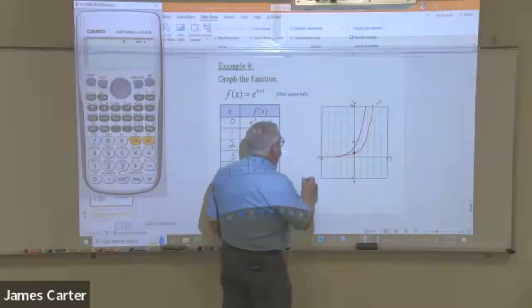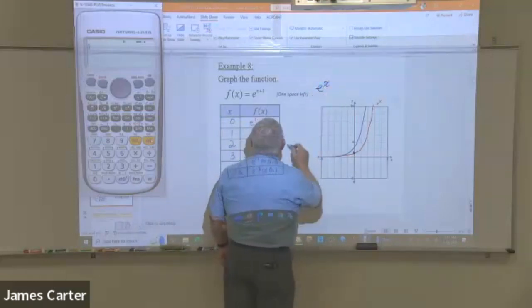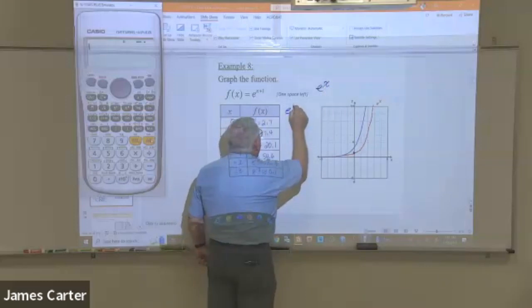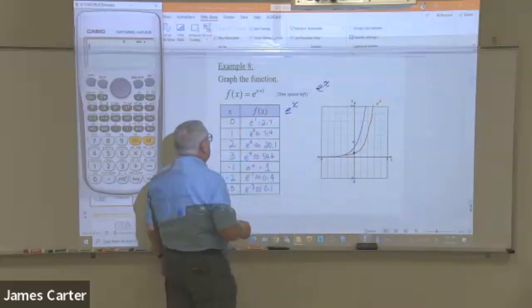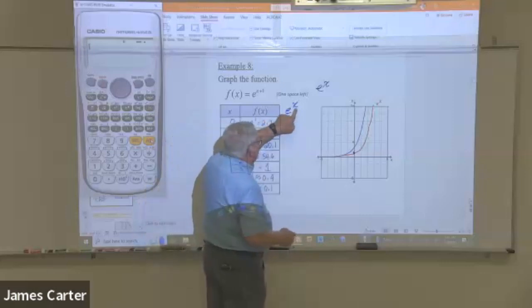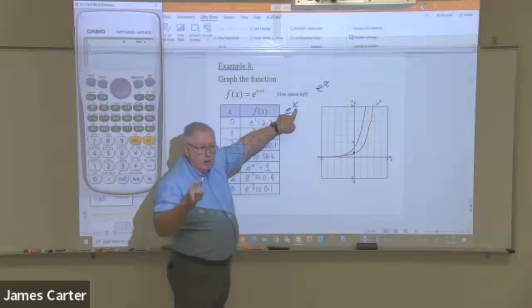So for the e to the x curve, if we added a column down here, what was e to the x? Well, if x is 0, what's anything to the 0 power? 1.